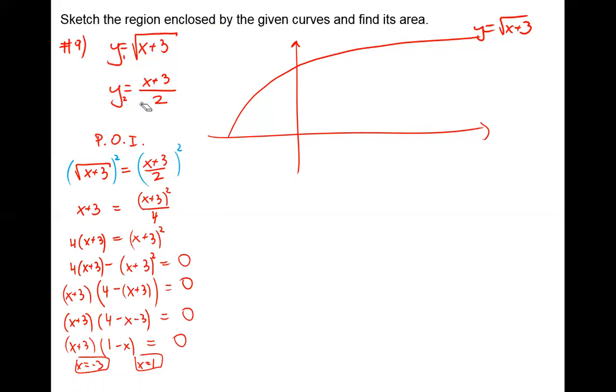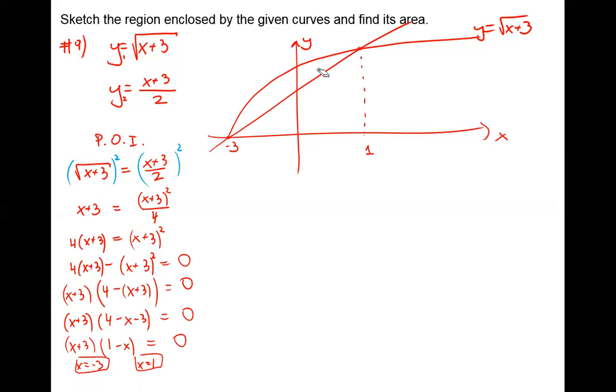That means it's the linear function with the slope 1/2. And of course, the x coordinate negative 3 is the point of intersection. That means this is the line, and we calculated this other point, it's 1. My scale is a little bit off, but we have the correct labels.